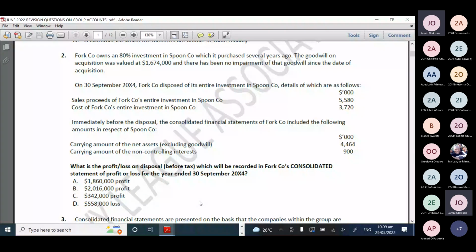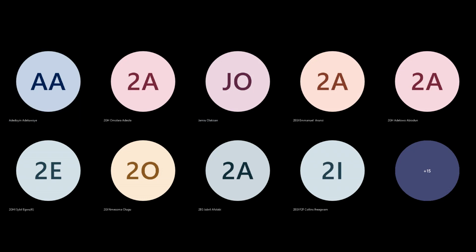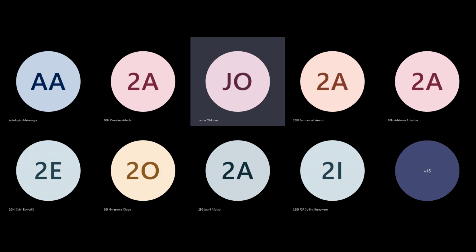Hello, Mr. Jamiu. Hello, sir. I'm sorry, I can't see the screen again. Is it because today is Sunday or what? I really don't know. I guess it's just network. But we can see Mr. Jamiu's screen. You just took it off now. I can't see, I'm trying to.